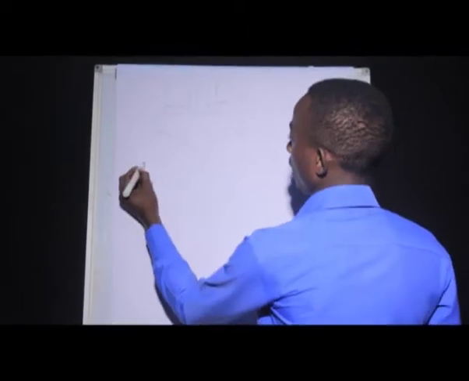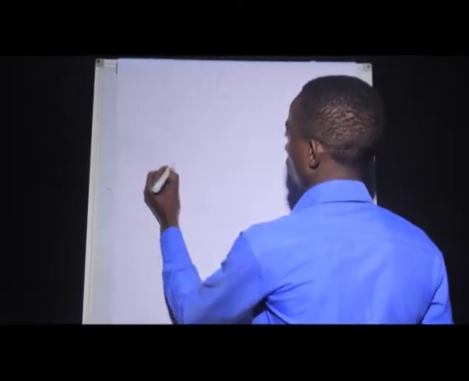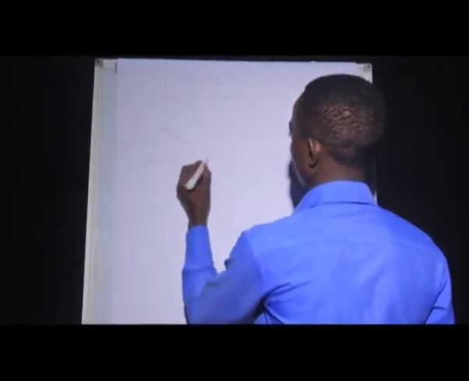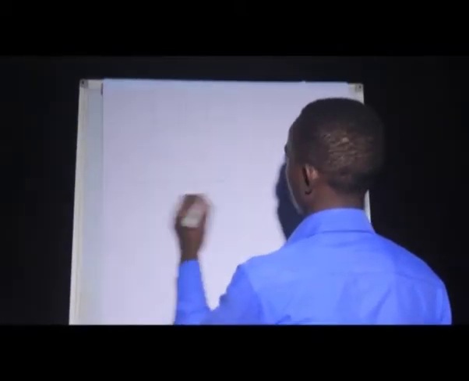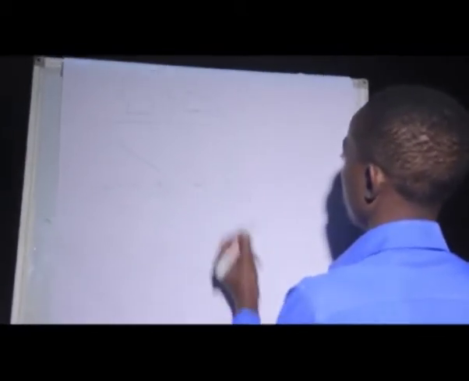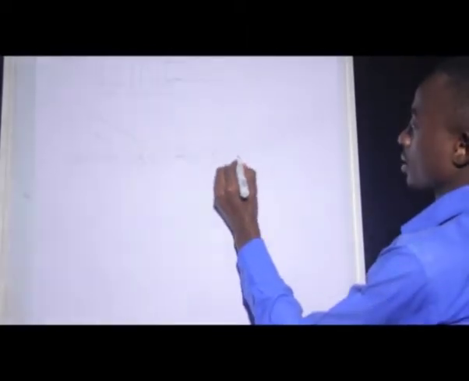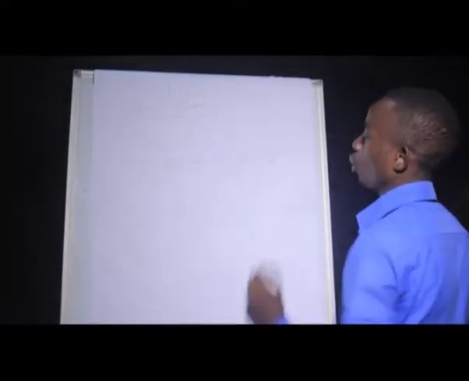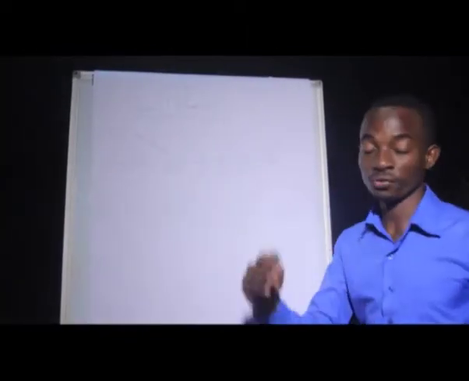For example, I can have an equation such as x is equal to 4, or y is equal to negative 2, or y is equal to x minus 2. All these can be used to describe different equations of lines.